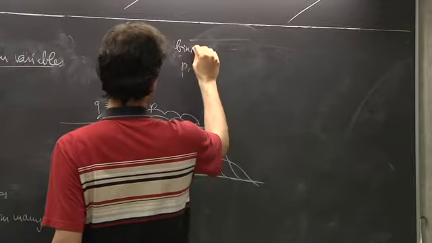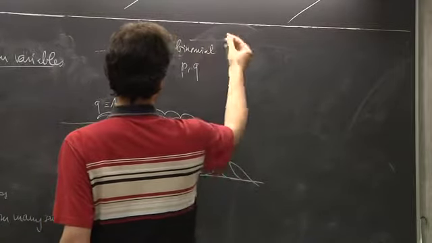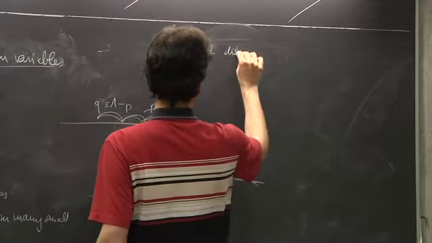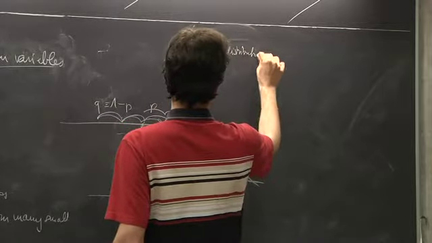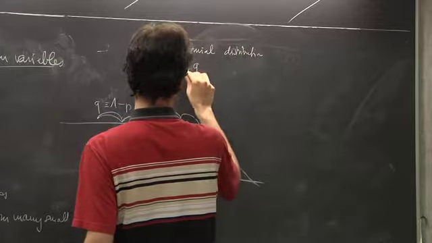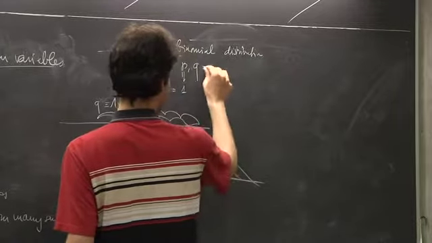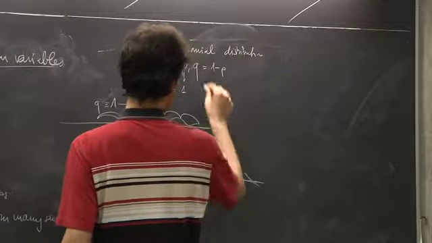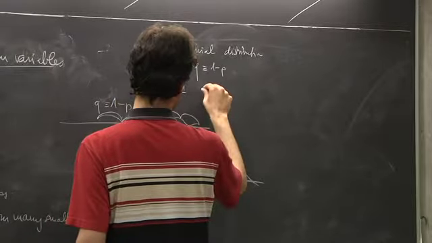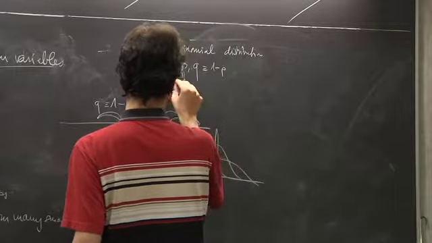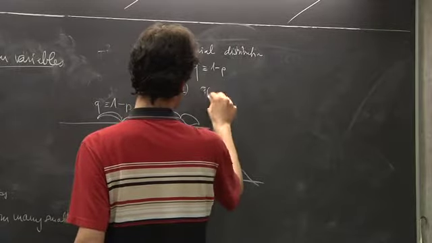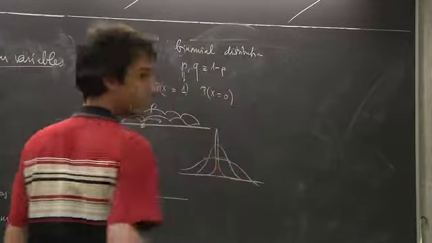So you had the binomial distribution, no? The binomial. So P was the probability that X was 1, I guess, and Q, which is just 1 minus P, is the probability that X is 0, no?